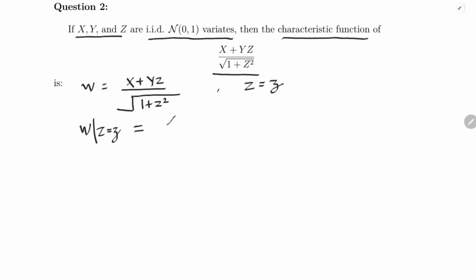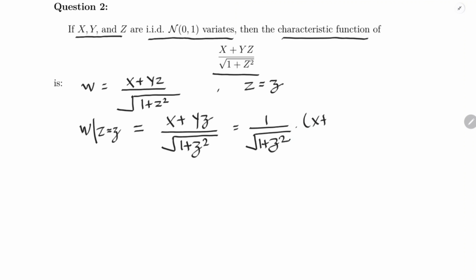So this will be X plus Y times small z divided by square root of 1 plus z squared. Now we can write it like this: 1 upon square root of 1 plus z squared, and X plus zY.